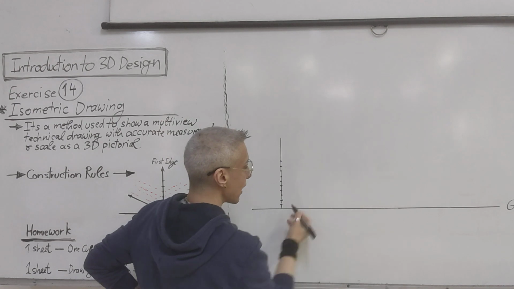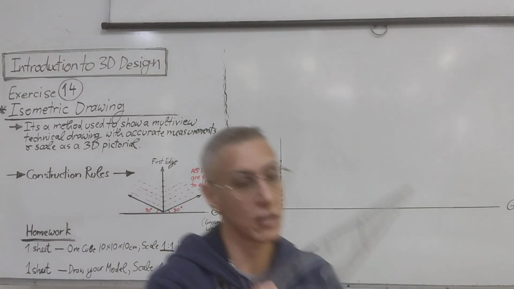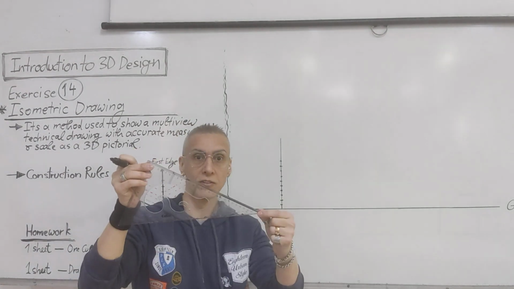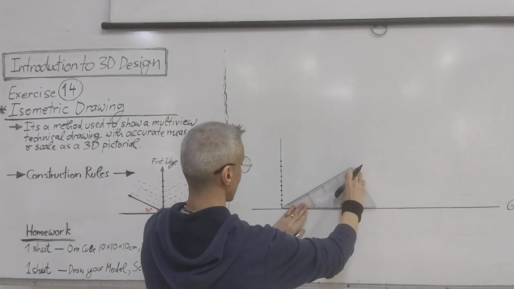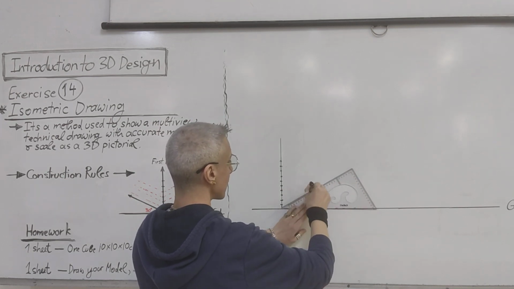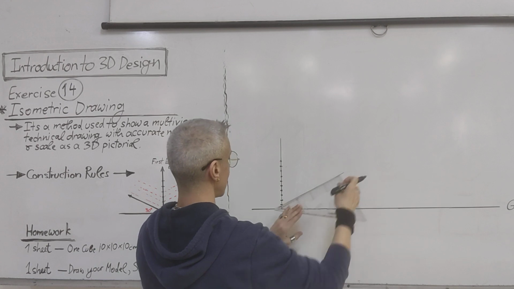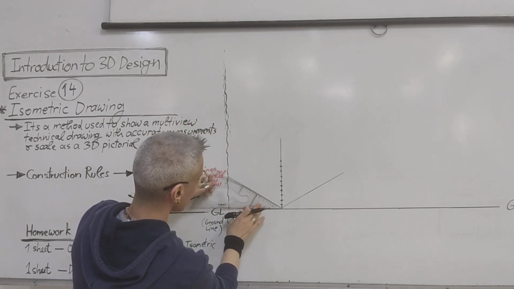Then, we have a line from here, a line from here. You will take your ruler, this is the 30 degree, okay? Of course, you will need to use your T-square as well. And from here also.